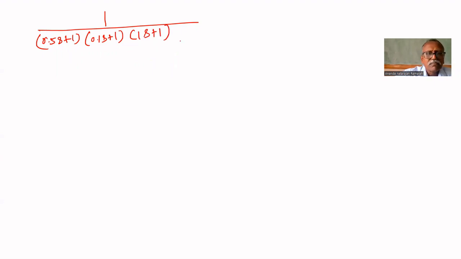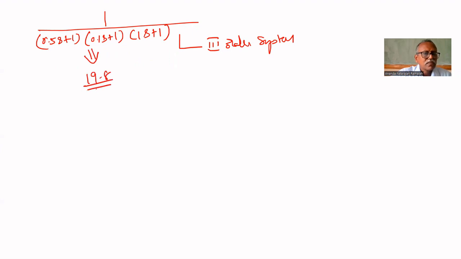This is a third order system. We want to control it. The ultimate gain for this process is 19.8. The ultimate period is 1.125 seconds. That we know.